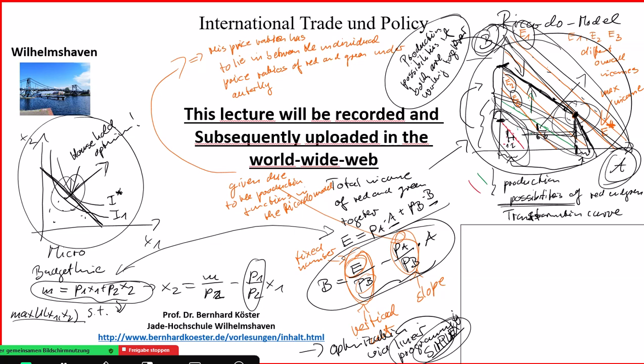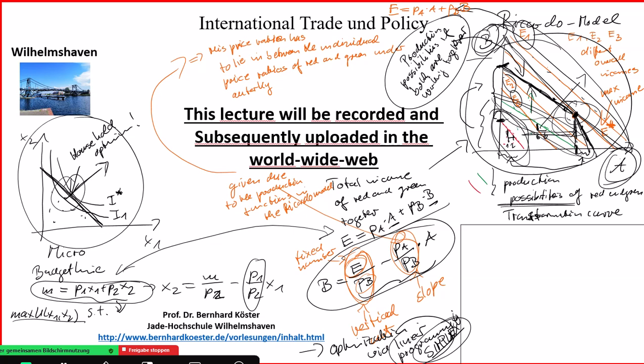Oh no, only E, but let's do it in orange: E equals PA times A plus PB times B. And hopefully you remember from your micro course, this is the same as your budget line, where you also introduced the price ratio as the slope of the budget line.